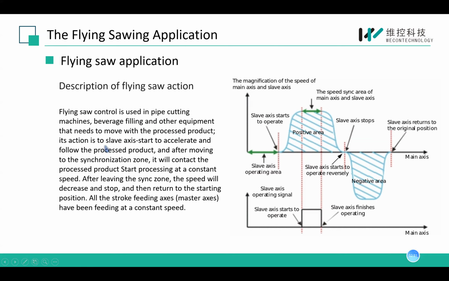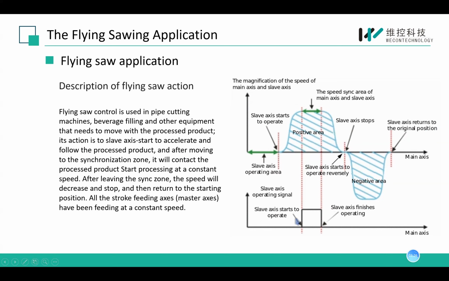The slave axis starts to accelerate and follow the processed products. After it leaves the sync zone, it decelerates and then stops. Once it stops, it moves back to the origin position.